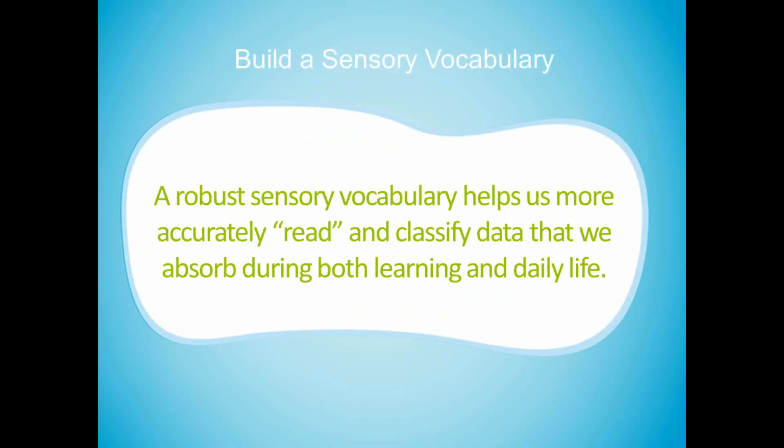The first thing that I want to recommend for all types of learners is that you build a sensory vocabulary. That robust sensory vocabulary helps us to more accurately read and classify data that we absorb both in learning and in daily life. And what I mean by a sensory vocabulary is not just "it feels soft" or "it feels rough," but really getting into the details, kind of like the genus and the species when you're classifying plants or animals.